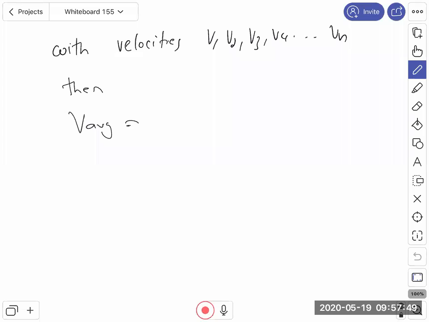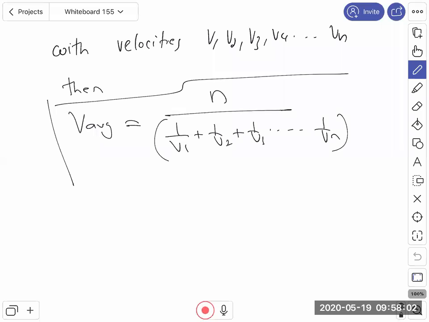If n number of terms is given, what will come? n divided by 1 by v1 plus 1 by v2 plus 1 by v3 plus etc. to 1 by vn. Okay, so you should use this equation.